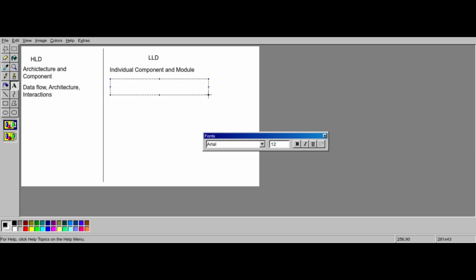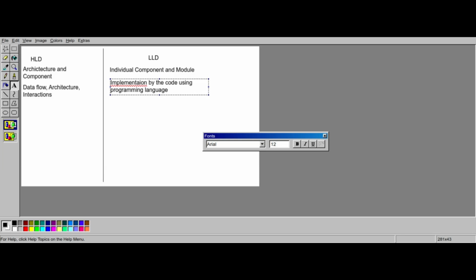And low level design is basically the implementation by code using a programming language. This is the low level design. Understand? So high level design is what will be the flow, which side will be the component, and the interaction.